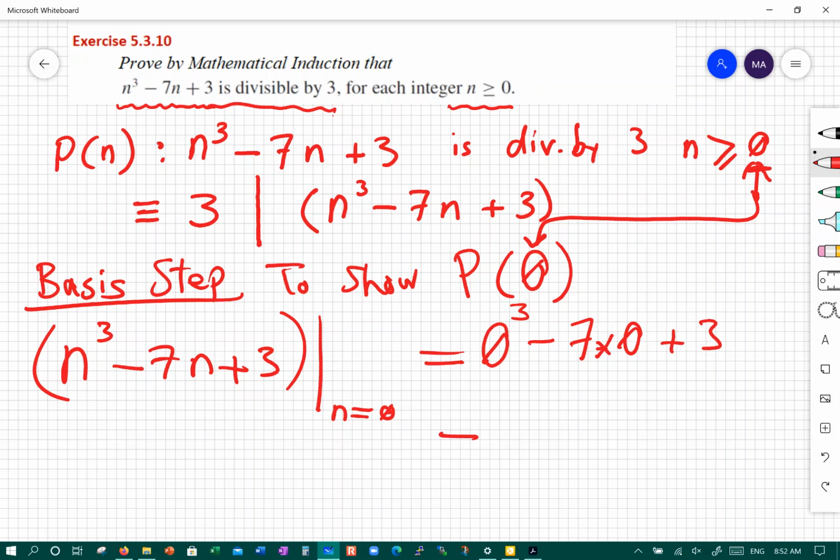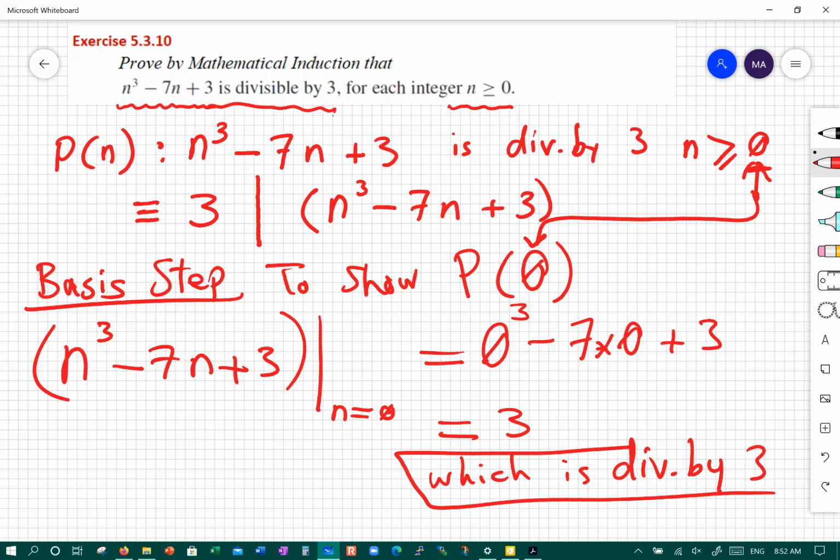And this evaluates to the number 3, which is a multiple of 3. Or let's say which is divisible by 3. The property says that something is divisible by 3, and definitely 3 is divisible by 3.